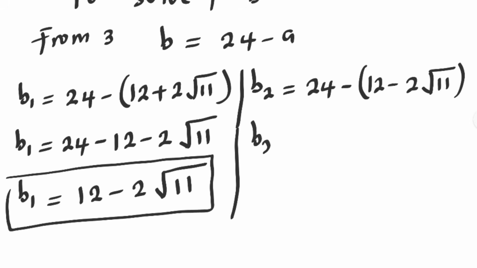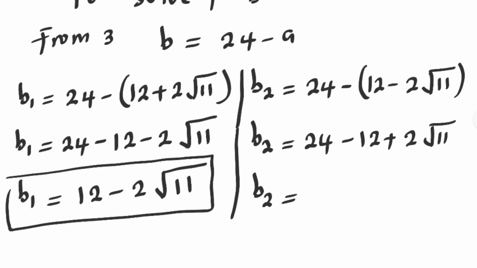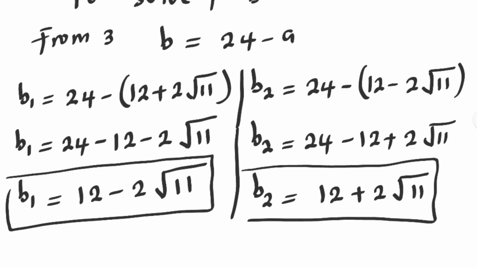Also, B2 is equal to 24. If you open the bracket with this negative, we have minus 12 plus 2 square root of 11. B2 is equal to 24 minus 12. This is 12 plus 2 square root of 11. Here is the value of B2.